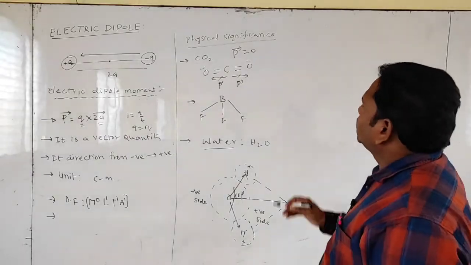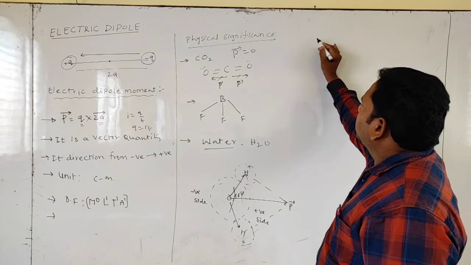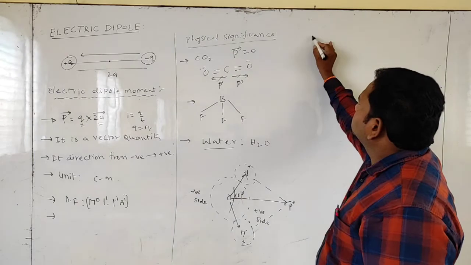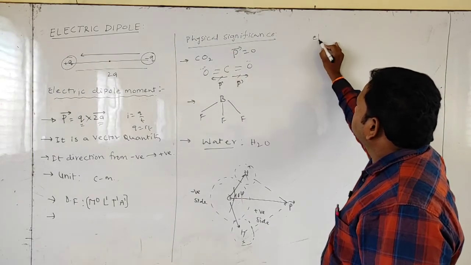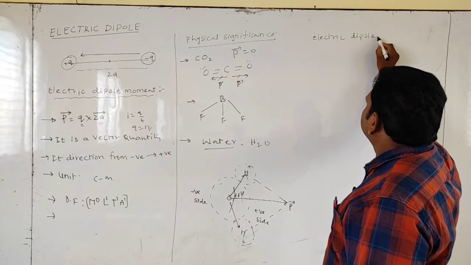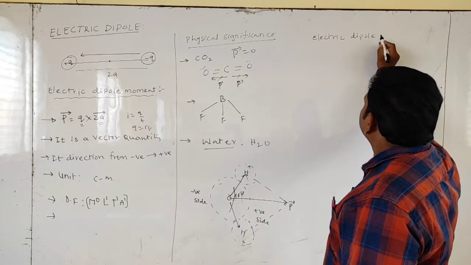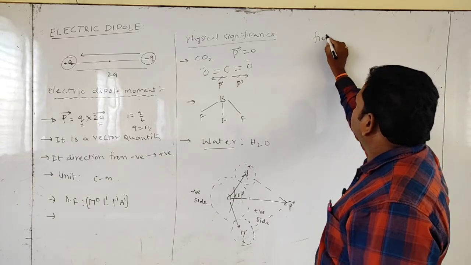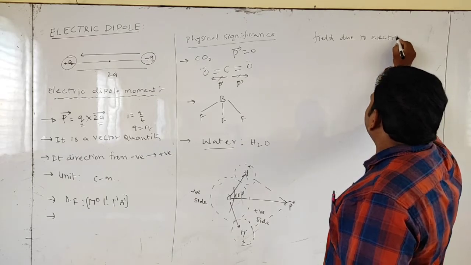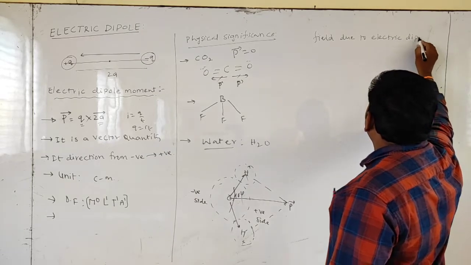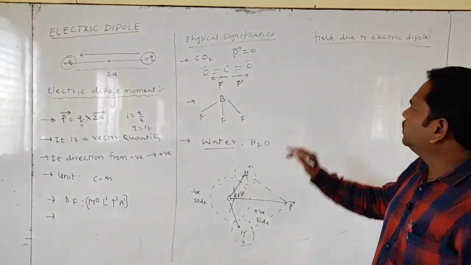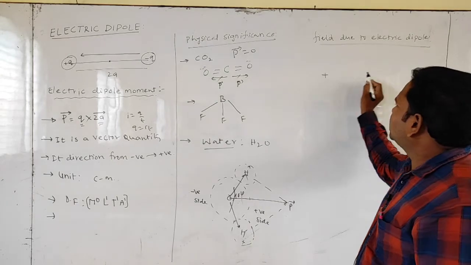Next, the electric dipole produces an electric field. Field due to an electric dipole. Suppose we consider these two are positive charges.